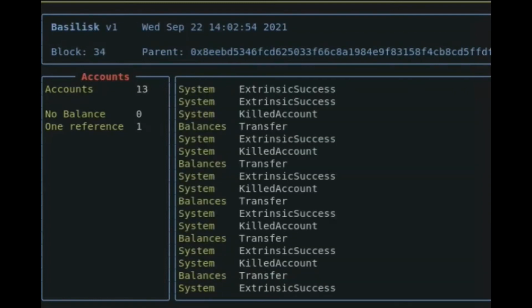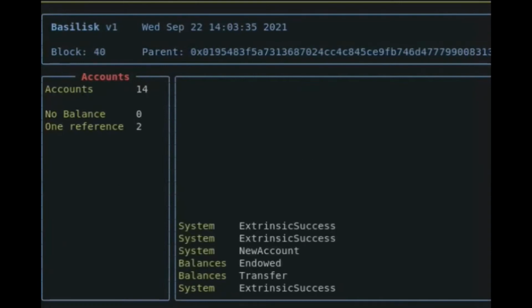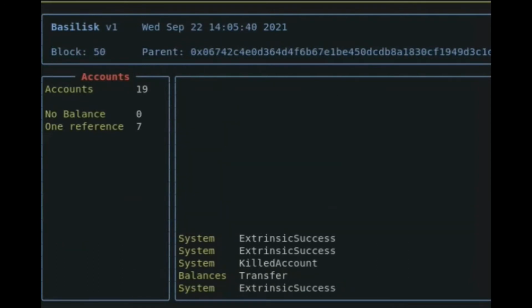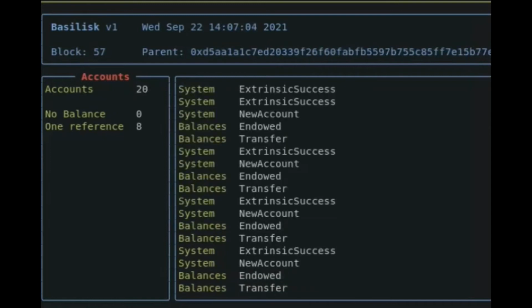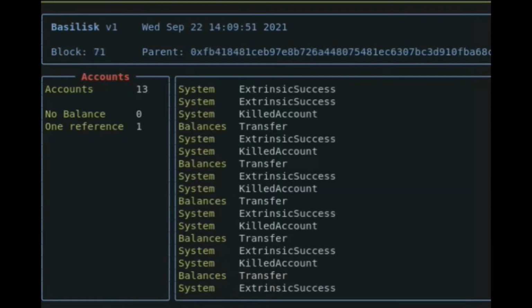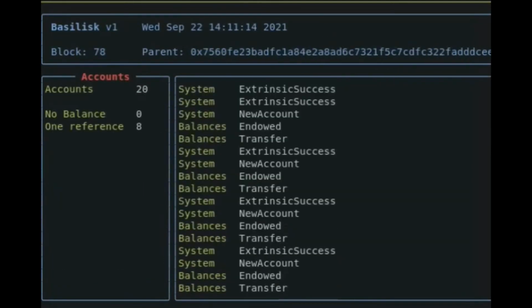That is the event we want to see. That means that as soon as we transfer everything out, the account is killed. So what this means is that a reasonably set existential deposit can prevent, for example, this scenario or any scenario where some stuff would be left behind.